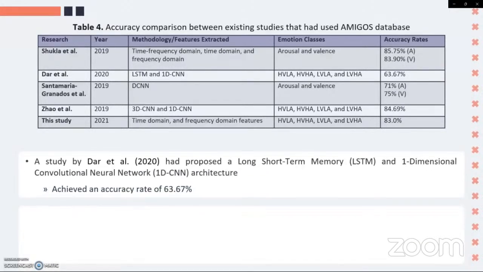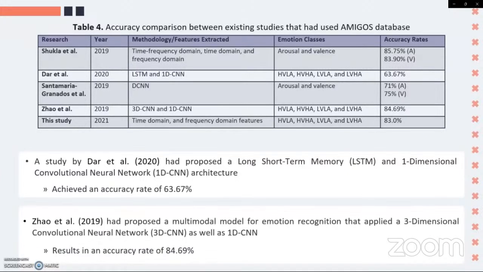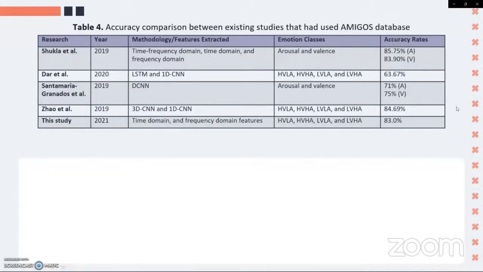Besides this, a study by Dar and co-authors had proposed a long short-term memory method and one-dimensional convolutional neural network architecture and was able to achieve an accuracy rate of 63.67%. The study by Zhao and co-authors had also proposed a multimodal model for emotion recognition that applied a three-dimensional convolutional neural network as well as a one-dimensional convolutional neural network and resulted in an accuracy rate of 84.69%.